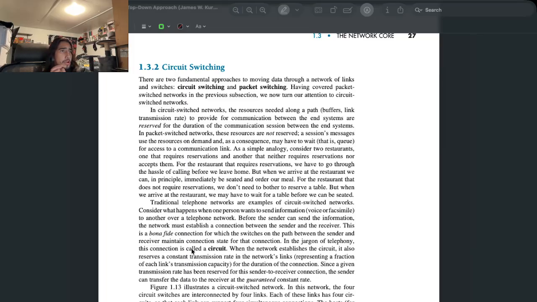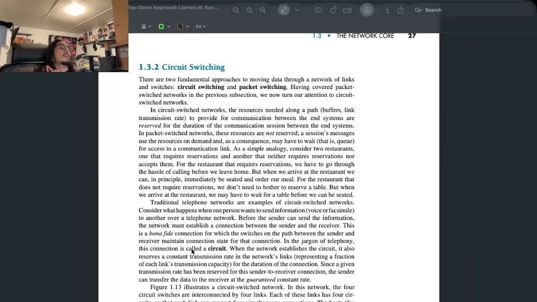In circuit switch networks, the resources needed along the path, buffers and link transmission rates, to provide for communication between end systems are reserved for the duration of the communication session between the end systems. In packet switch networks, the resources are not reserved. A session's messages use resources on demand and as a consequence may have to wait, that is, queue, for access to communication links.